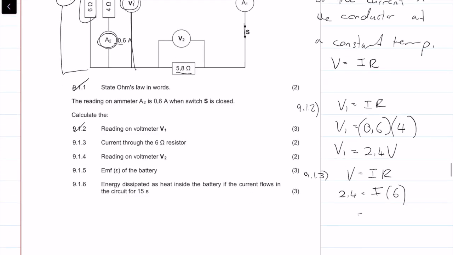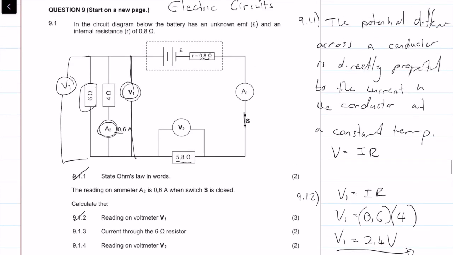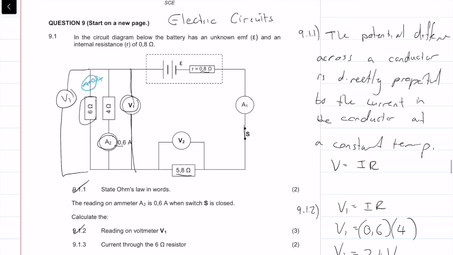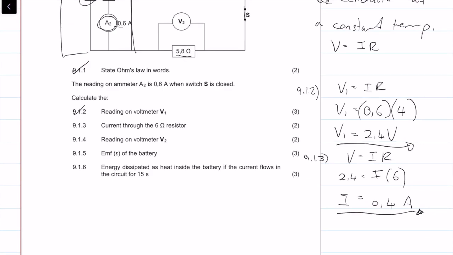Solving for the current, we get 0.4 amps. Let's put that in there: the current A equals 0.4. We get 2 marks for that.